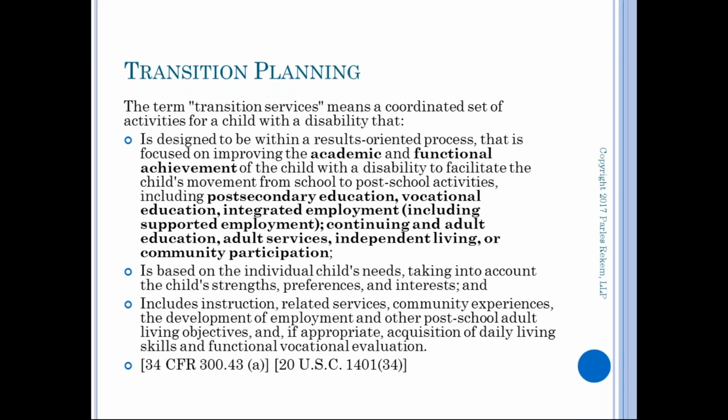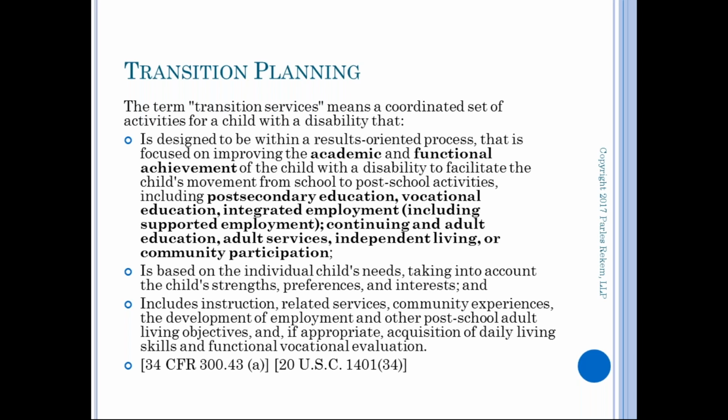So transition planning, that's another area that I think a lot of parents overlook, because especially if you have children who are really young, you're not even thinking about transitioning. Transition is when you're dealing with a student going from school, a K through 12 program, to a post-school activity.